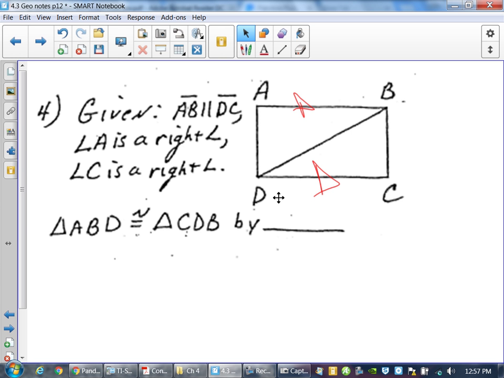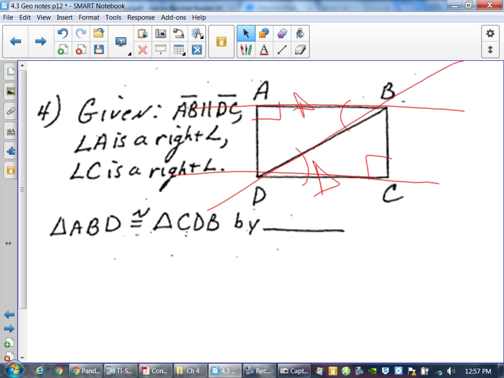I have parallel lines. I'm redrawing my parallel lines to help myself find them. I have a diagonal. Hey, look at that. Alternate interior angles. I know those two are congruent, okay? I go to my next thing. A is a right angle, okay? C is a right angle.